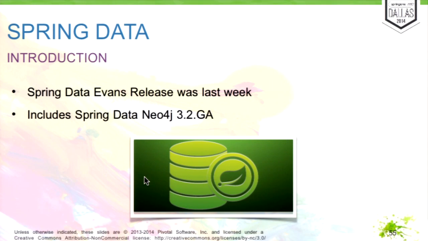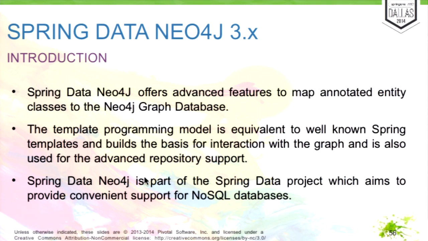This is because Spring Data Neo4j was the founding project of Spring Data, where Rod Johnson and Emil, my CEO, got together and wrote the first code of Spring Data Neo4j about 3.5 years ago. And then we took the code and made it actually work and run. But anyway, so we have Spring Data Neo4j 3.2.